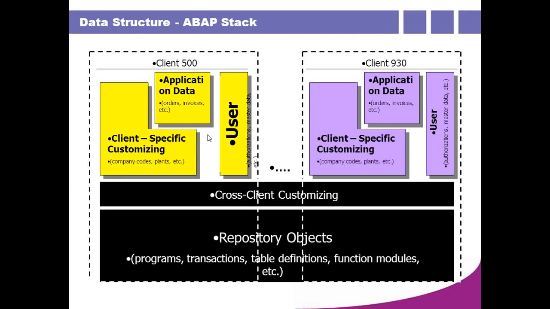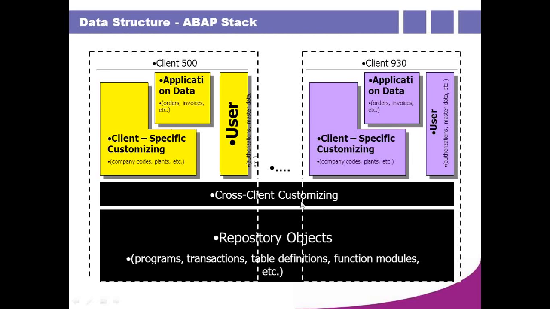So this is very, very important. Every SAP system has only one repository and cross-client area, but on top of that you might have multiple clients. As I told, we can go for 1,000 clients. That's why these two are called client independent. Client independent means it's not specific to any client.